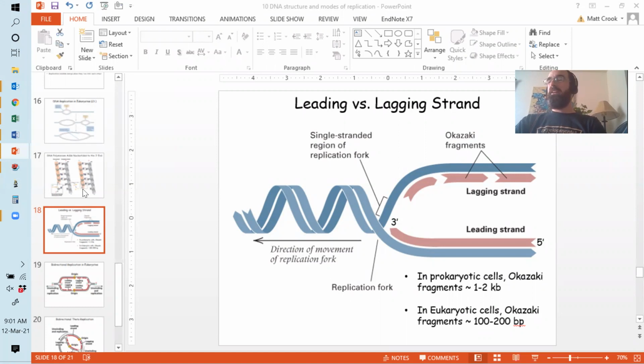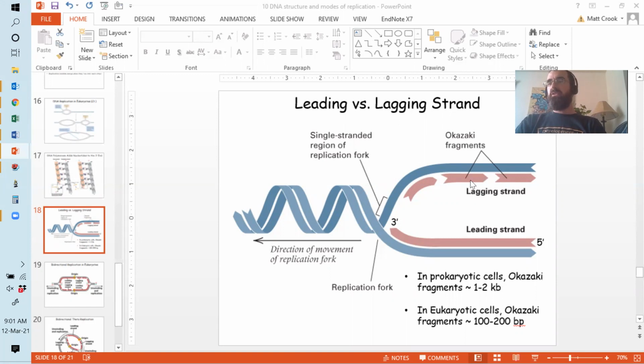Just as a refresher, wouldn't hurt even if we did cover it on Wednesday. The anti-parallel double helix, the fact that you have DNA going in two opposite directions, means that you're going to have to synthesize one of the strands backwards, right? By flipping the strand over and synthesizing in short stretches.